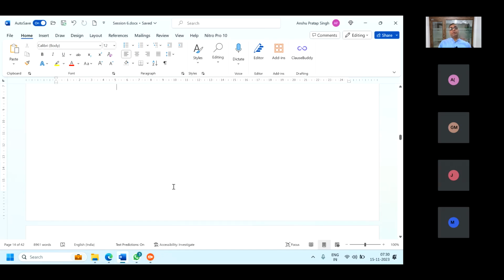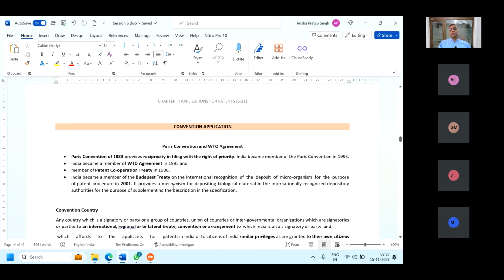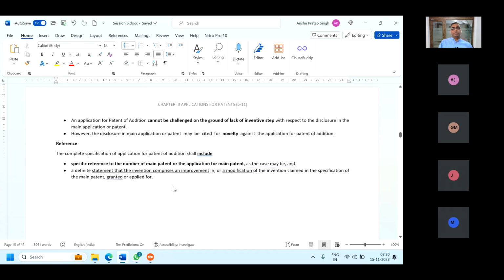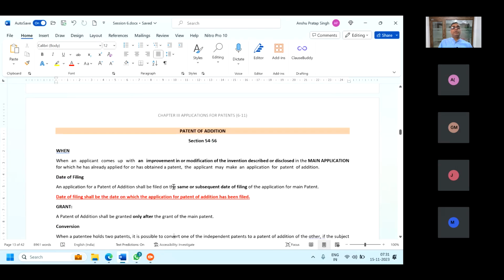Now, just to recap, please remember and don't confuse. The sections are very easy to remember when I'm talking of patent of addition. It's 54 to 56, three sections dealing with the patent of addition. Section 16 deals with the divisional application.